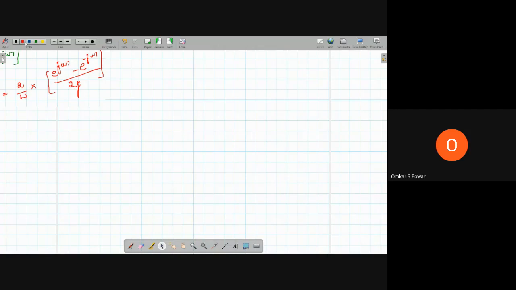So how can we express this one? This is equal to 2 by omega into sine of omega T. Let this be equation number 1. Now I told you we have to get our sinc function. So what is the sinc function?